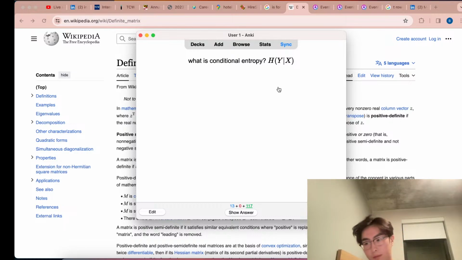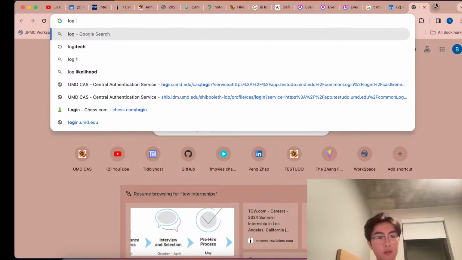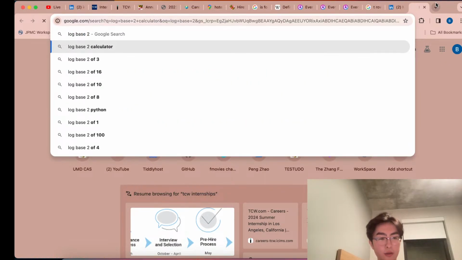Depending on the base, so log base 2, we're starting from 2, and wait, let's see, log of 2, calculator.